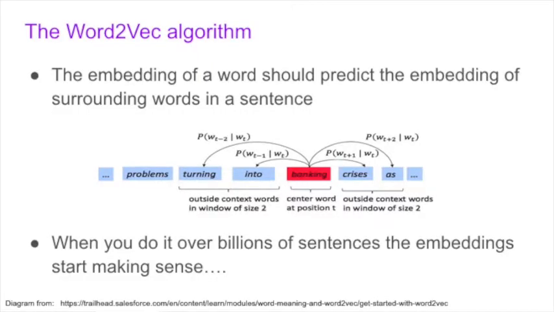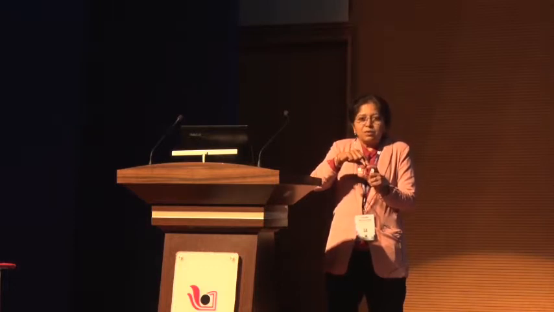And if you think algorithmically, this is done using a famous algorithm called the word-to-vec algorithm. In this algorithm, the algorithm goes through all books sentence by sentence, and the moment it picks up a sentence, it finds the center or the middle word of the sentence and tries to come up with an embedding of the word so that it can predict the words to its left and right.